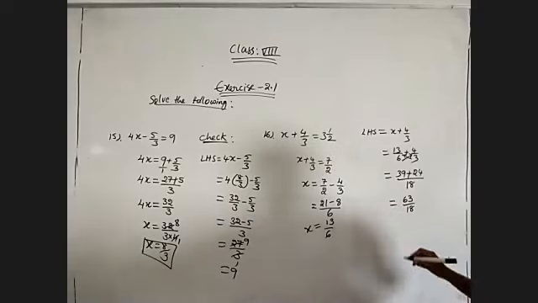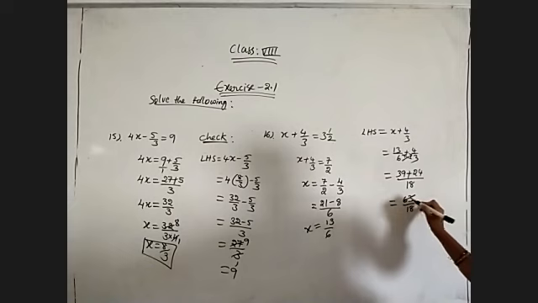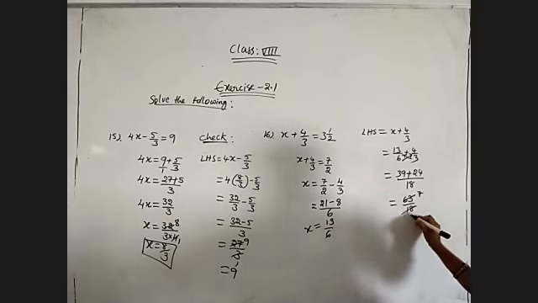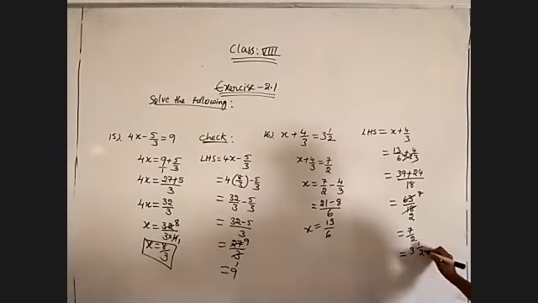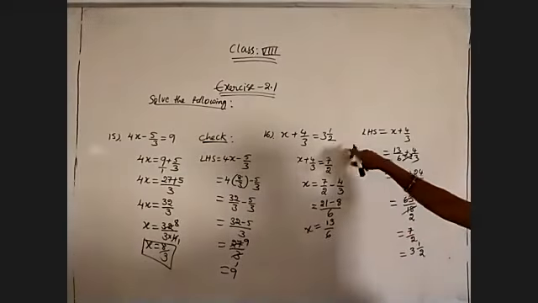So both can cancel, in which table? 9 table. 9 sevens are 63, 9 twos are 18. 7 by 2. 7 by 2 is nothing but 2 threes are 6, 1 by 2. So our answer is 3 1 by 2.